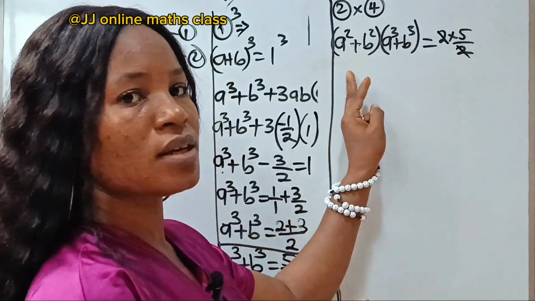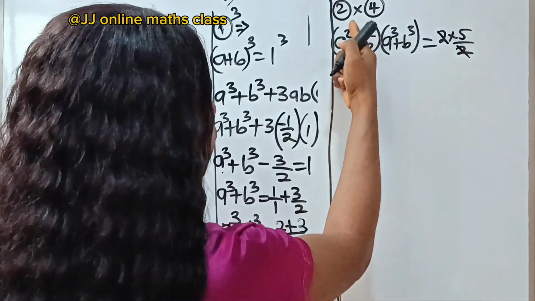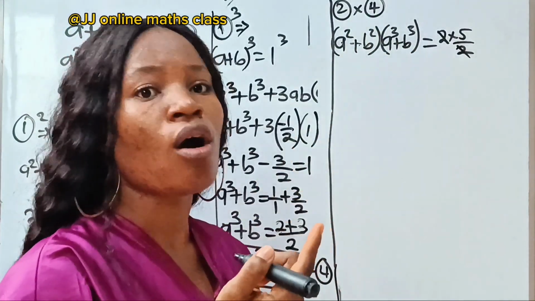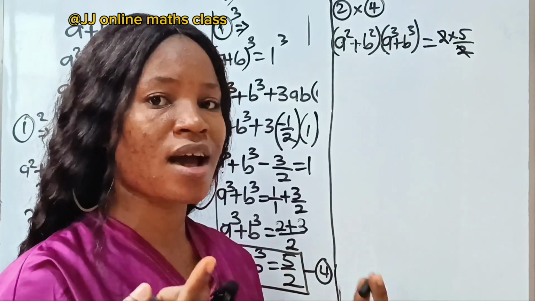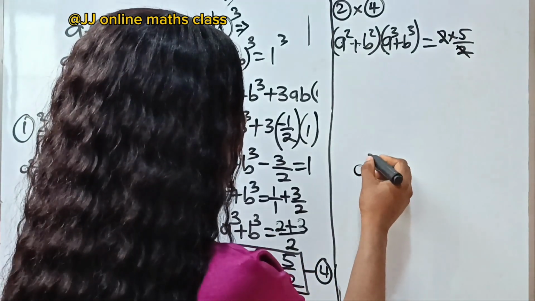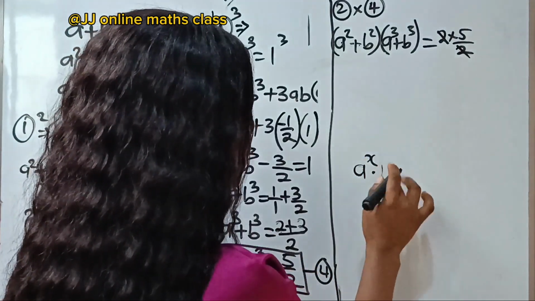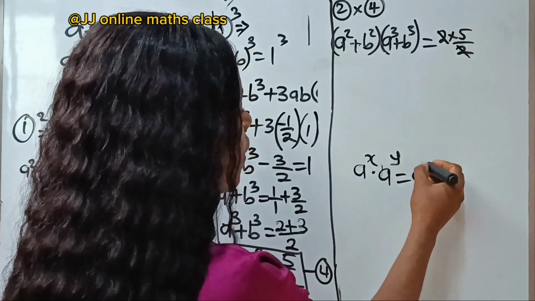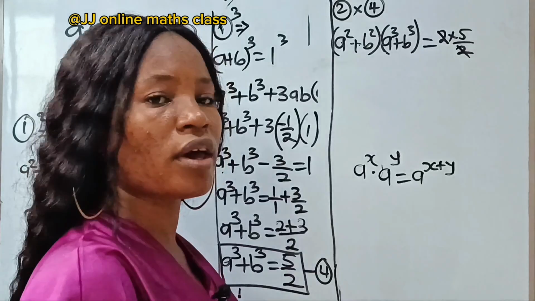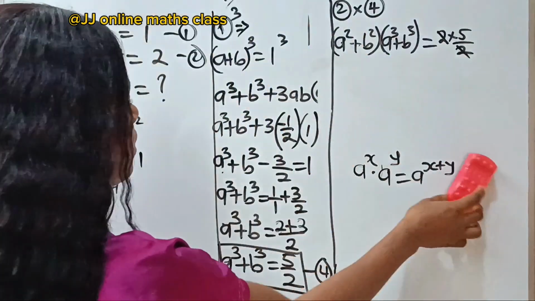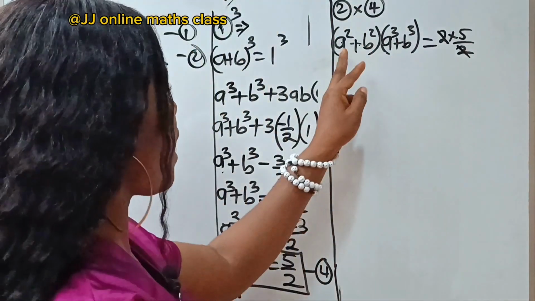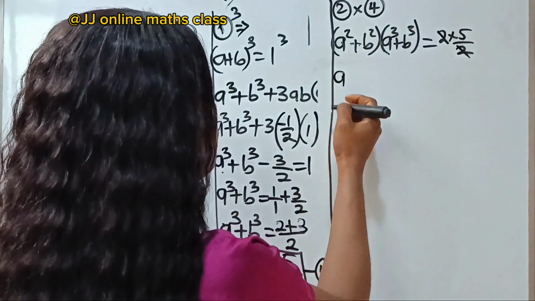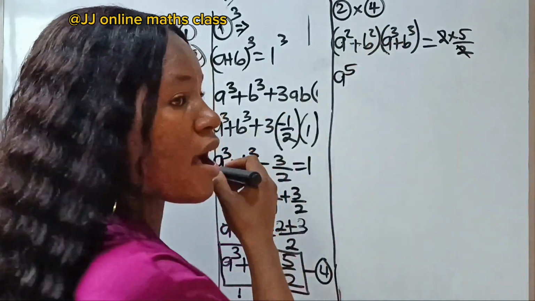Now, let's expand this. a to the power of 2 times a to the power of 3. Remember the law of indices, or exponents, that I told you: a to the power of x times a to the power of y, once they have the same base, you pick the base and you add the powers. So a to the power of 2 times a to the power of 3 gives a to the power of 2 plus 3, which is 5, right?